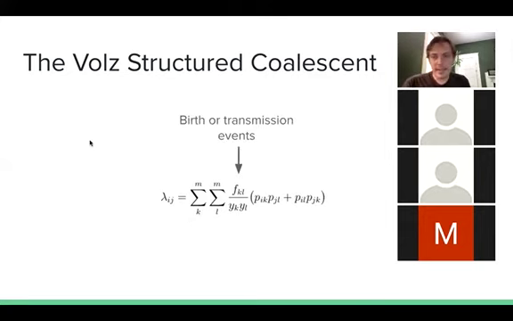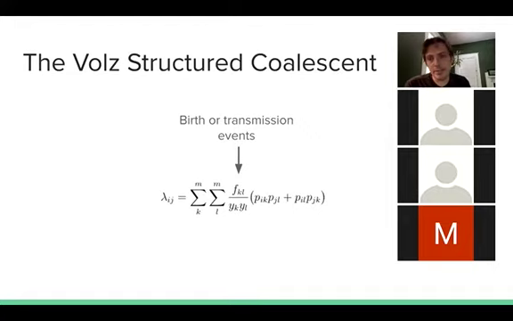The next thing that has to happen in order for two lineages to coalesce is that there has to be some birth or transmission event that brings two daughter lineages back together into a parent lineage. For our simple unstructured SIR coalescent model, we saw that transmission events were required to occur in order for two lineages to coalesce going backwards in time.